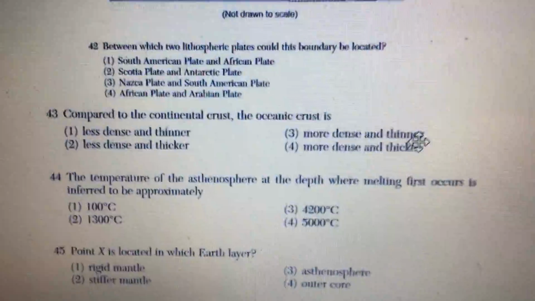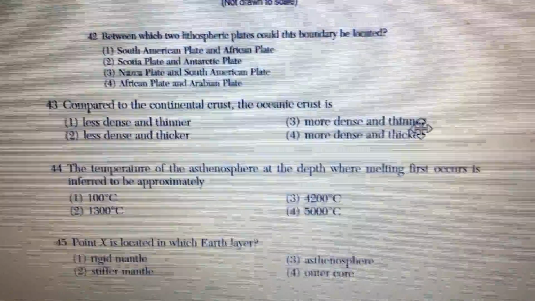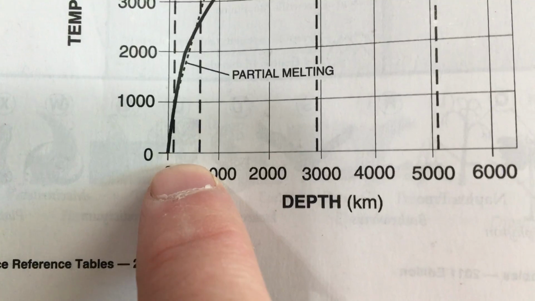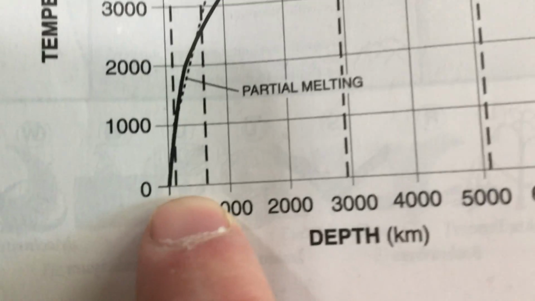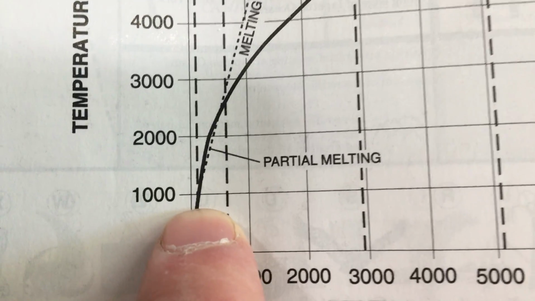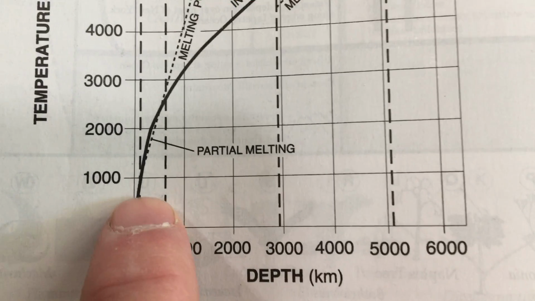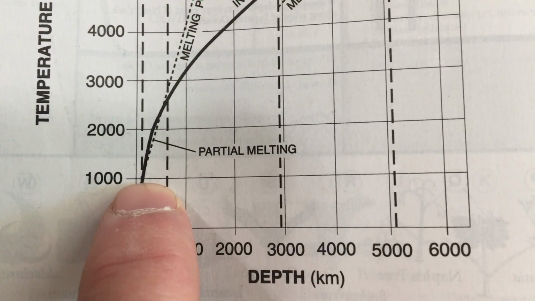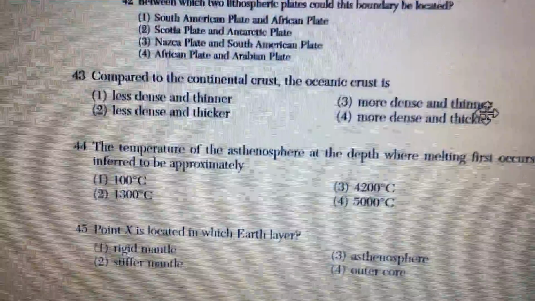Oh, I see. And then they're going to bust our chops. What's the temperature of the asthenosphere? So you do have to go to the table now. We're at about 200 kilometers, and we're over here at about 200 kilometers. Man, it's tight here. Come up to there. Something's fishy here. I'm not liking any of those choices.